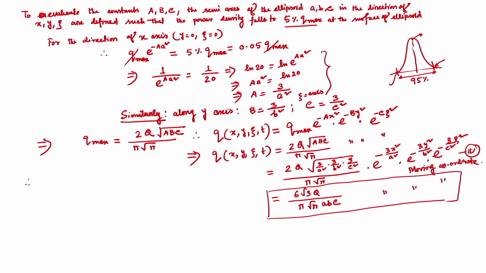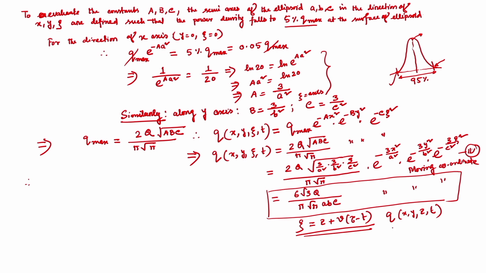So, what should be the heat source model for fixed coordinate system? For fixed coordinate system, instead of zeta we should use z plus v into tau minus t. If we put that, then whatever the q x y, instead of zeta there will be z t. This you should keep it in mind.